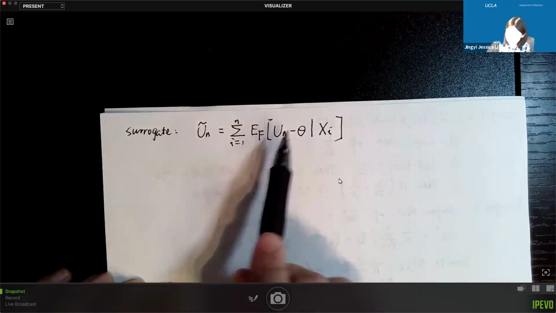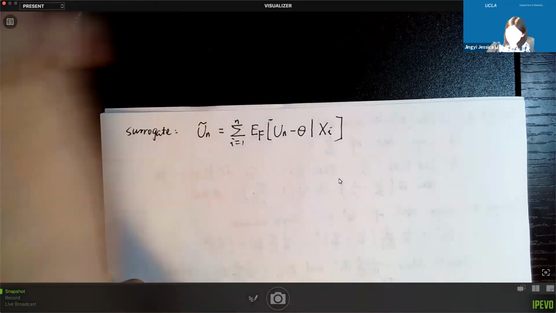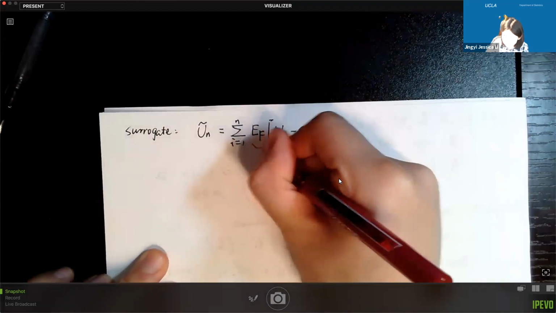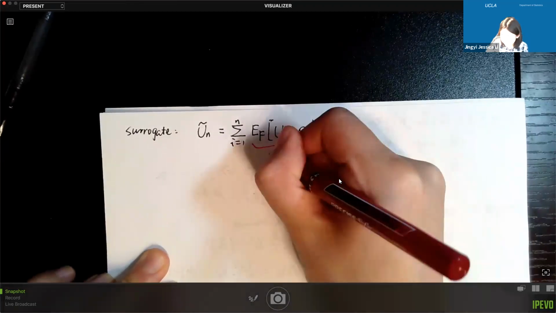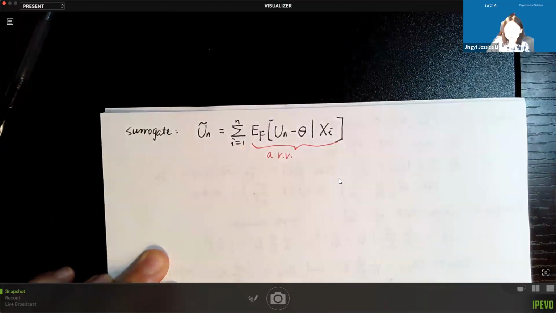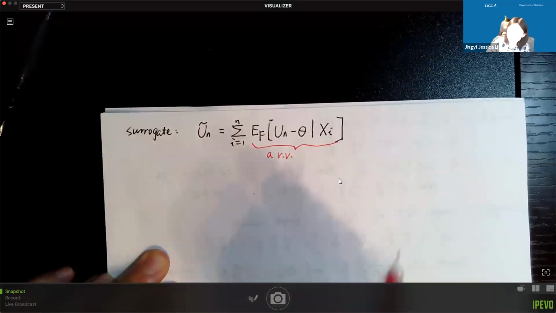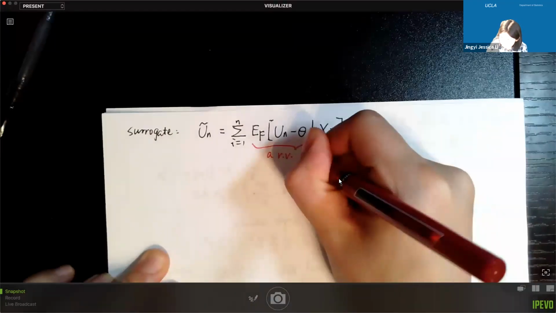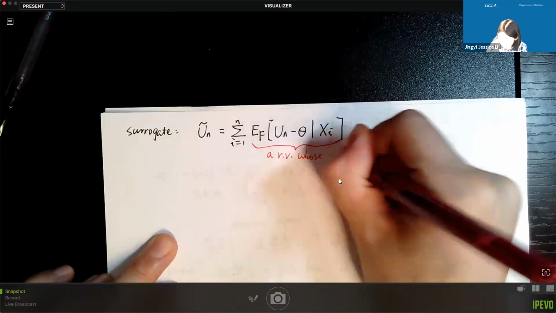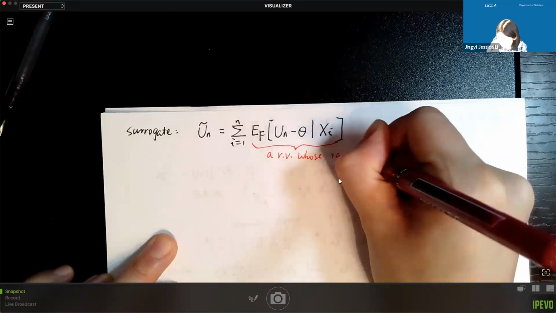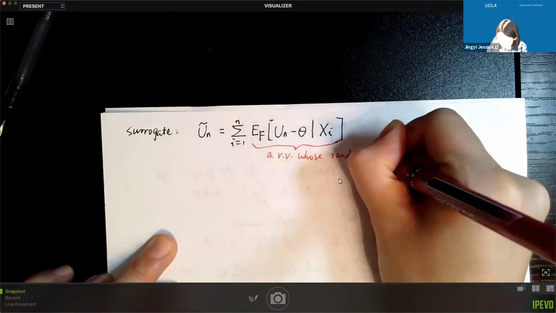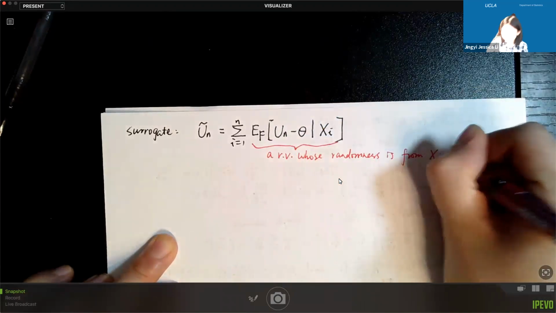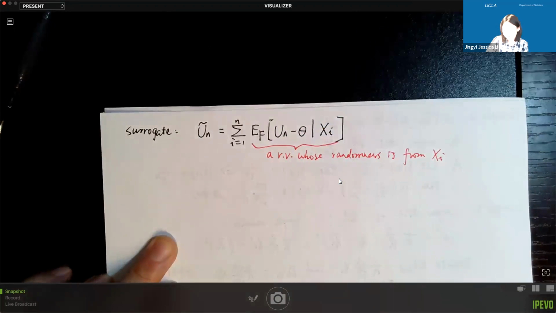Once we do the conditional expectation, what we get out of it is still a random variable, but this random variable's randomness is only from X_i. That's the definition of a conditional expectation.